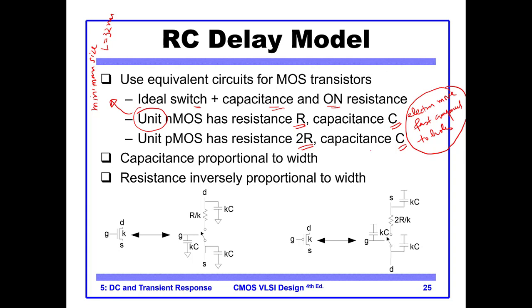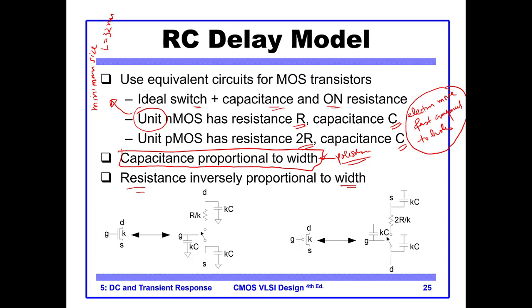And always remember that the capacitance is proportional to the width of polysilicon or the width of the transistor. And again, resistance is inversely proportional to the width. Why inversely proportional? Because if you increase the width, the charge per unit time will increase.